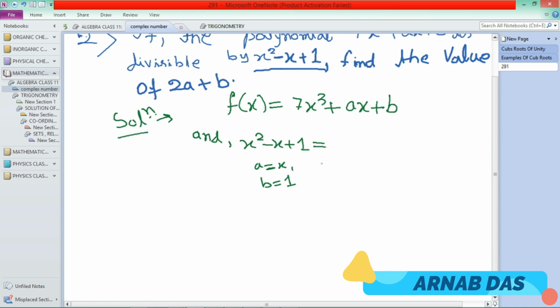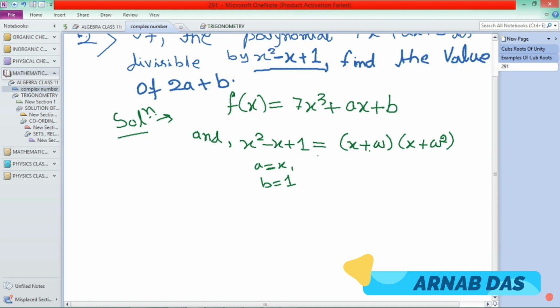So this can also be written as a plus b omega, a plus b omega square. Here a is x and b is 1, and 1 into omega is omega and 1 into omega square is omega square.